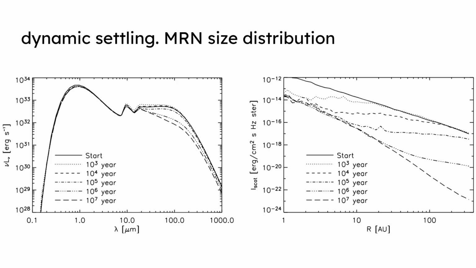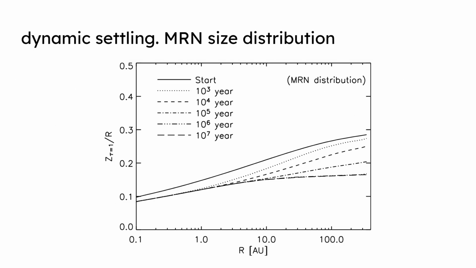So it's an effect of different timescales for different dust sizes working here to decrease the scattering intensity.